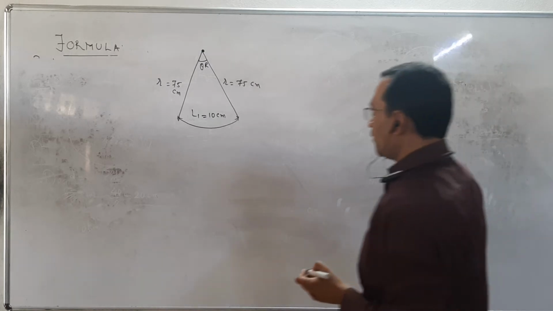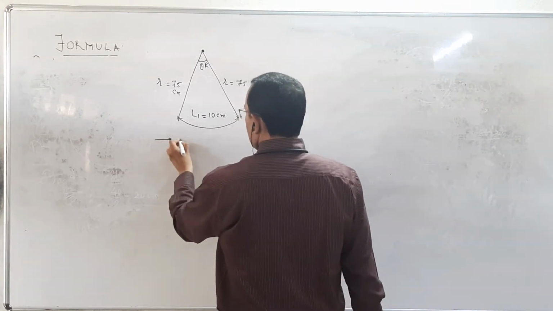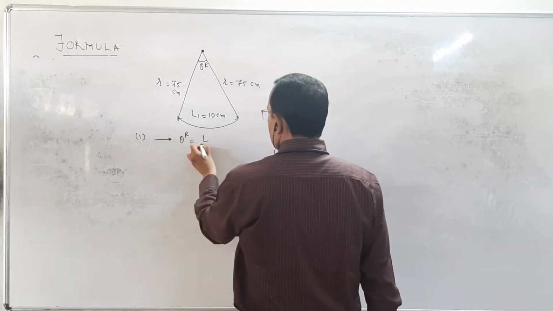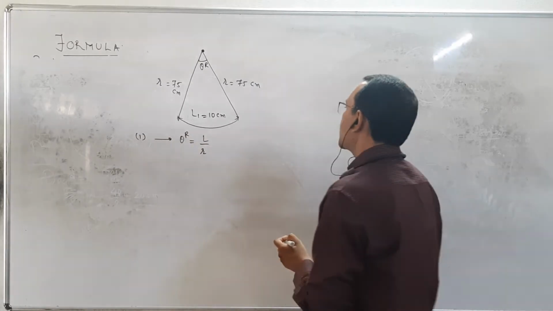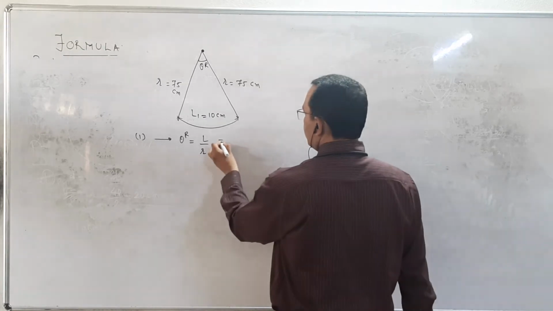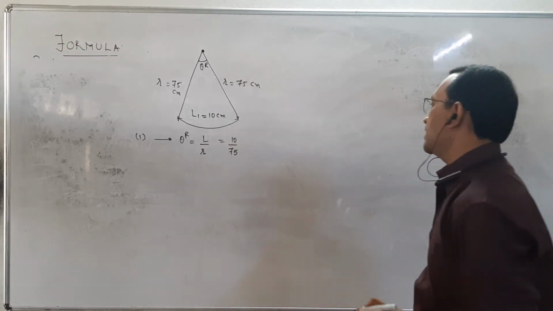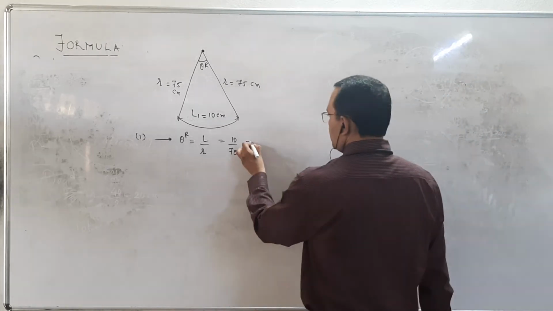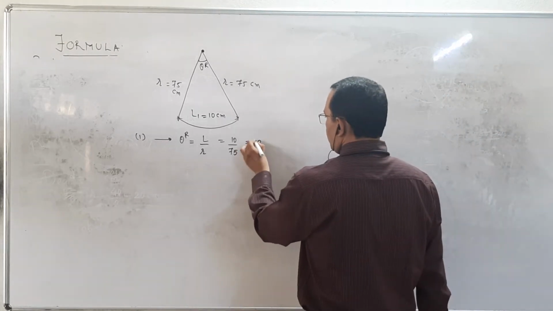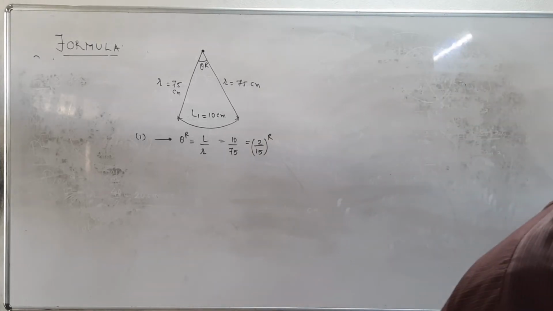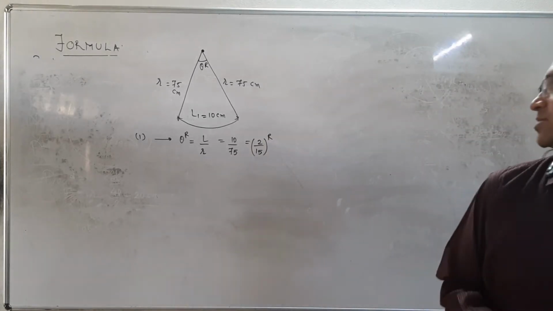So as per our formula, students, theta radian is equal to L by R. So this will be 10 by 75. Dividing by 5, 5 twos are 10 and 5 fifteens are 75. Our answer is to be found in radian only, so this much is the answer, 2 by 15.